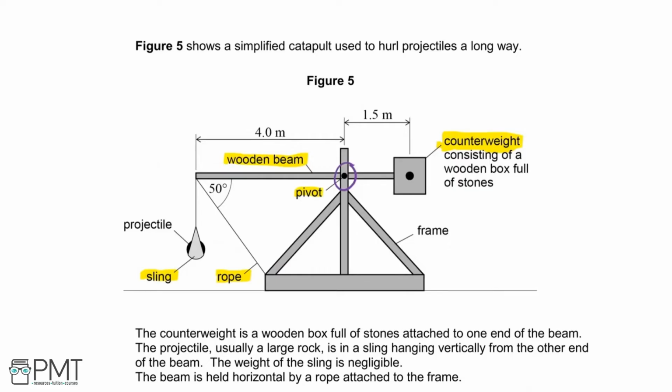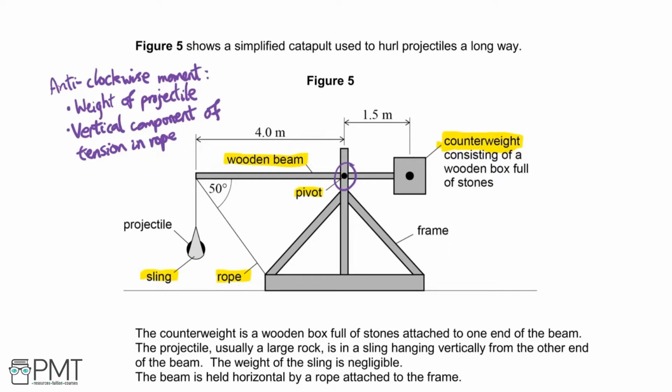Remember, the weight of the beam and the weight of the box are irrelevant because when there's no load added, the beam is in equilibrium. So only the projectile or the rock and the stones in the box are contributing to these moments. Also the rope, I guess.